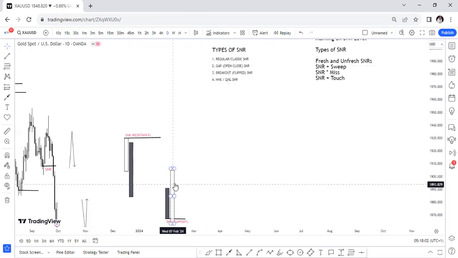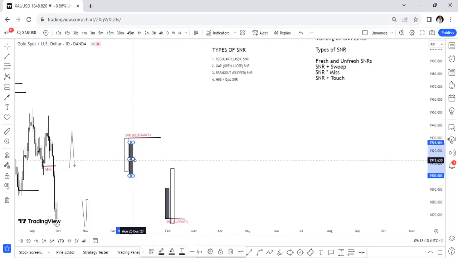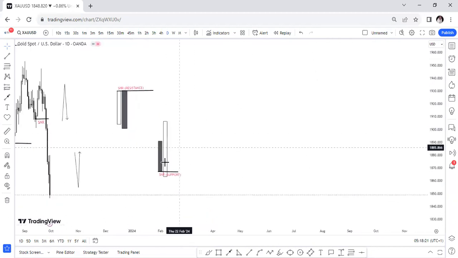So the first one we talk about is the classical. This is the regular type. This is for resistance, a classical SNR.